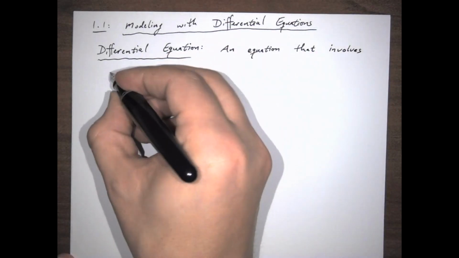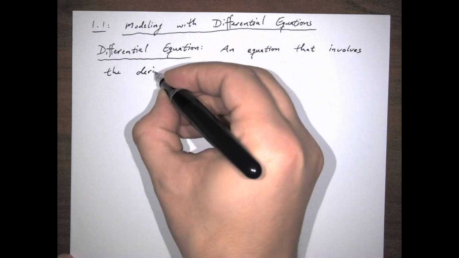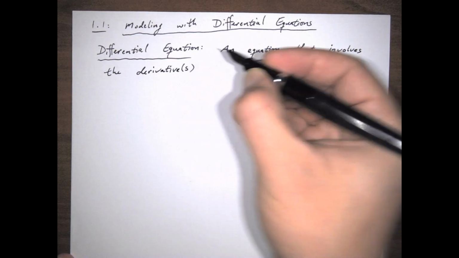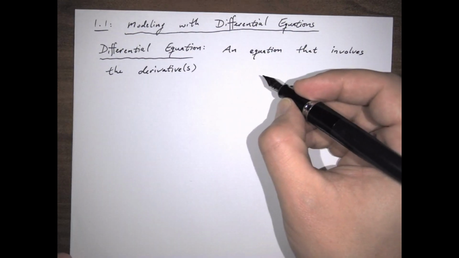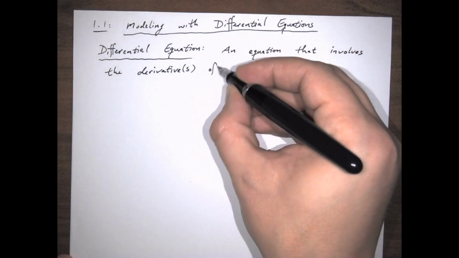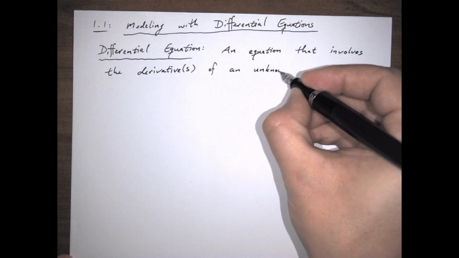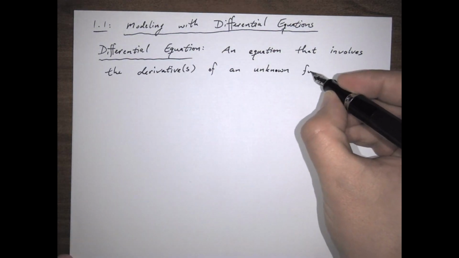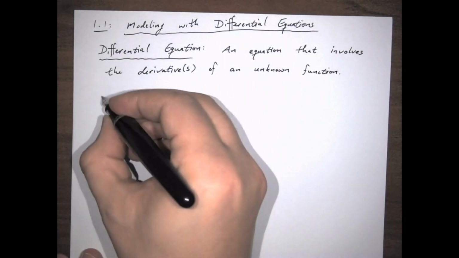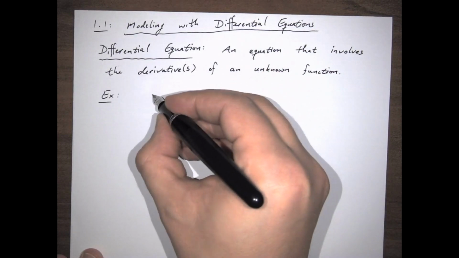It could be higher order, so it could be second derivative, third derivative, or any combination of them really. So for example, what we can have is something like this.